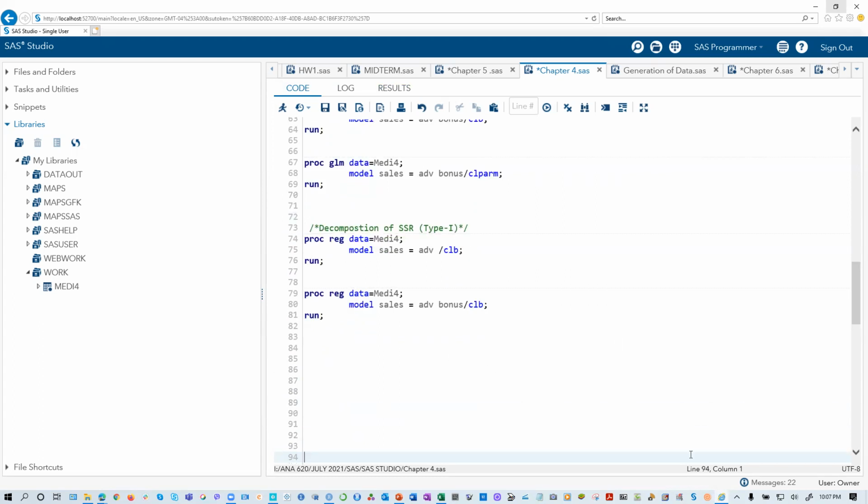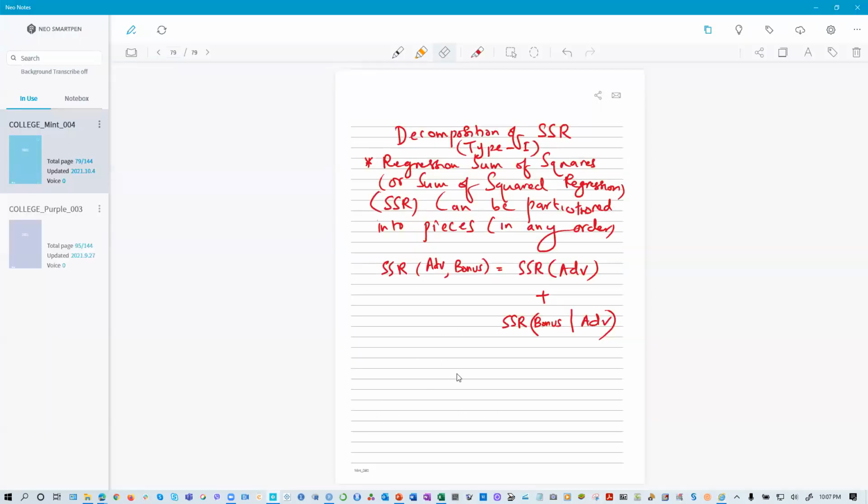You can run that one, but what can I get from it? How do they calculate this one?